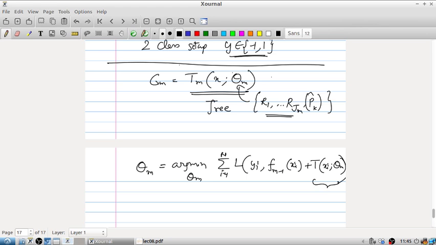This is the thing that we now want to find: the m-th tree. We've probably already added m minus 1 trees, and the way we find this tree is that the new tree plus the previous ones, whatever they're predicting, is close to the y_i's. That's what we want.